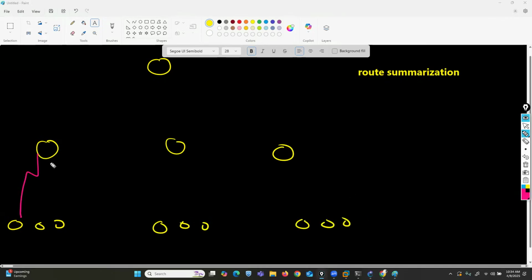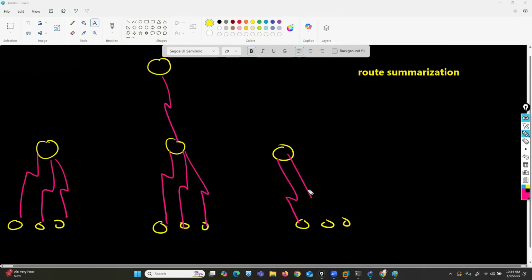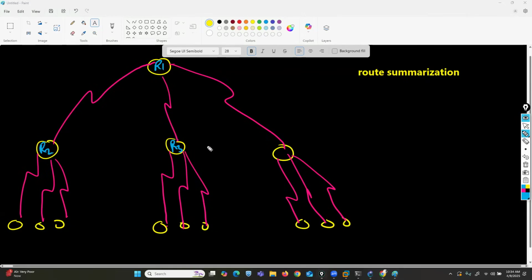And we have connectivity. In this design, this R2, for example, is receiving multiple routes' information from this side.